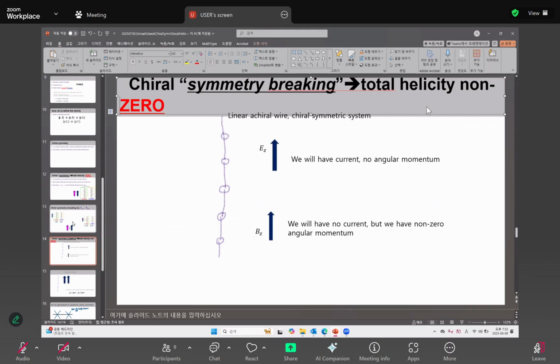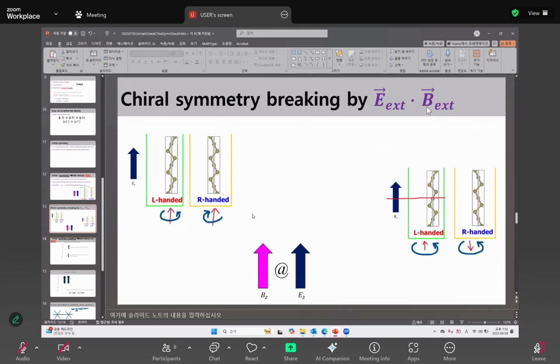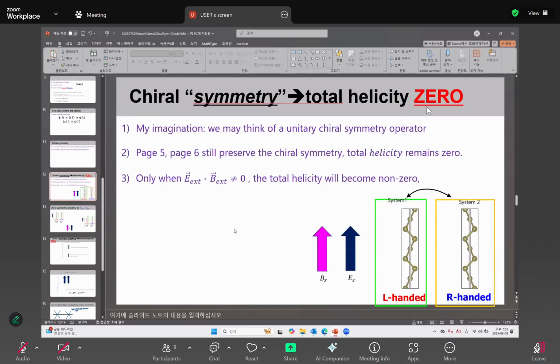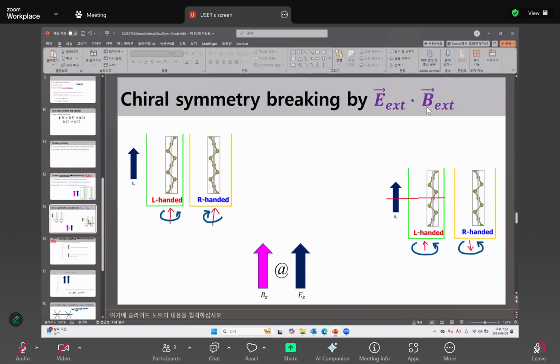Helicity becomes non-zero, and now the total helicity will appear and the chiral symmetry is broken.